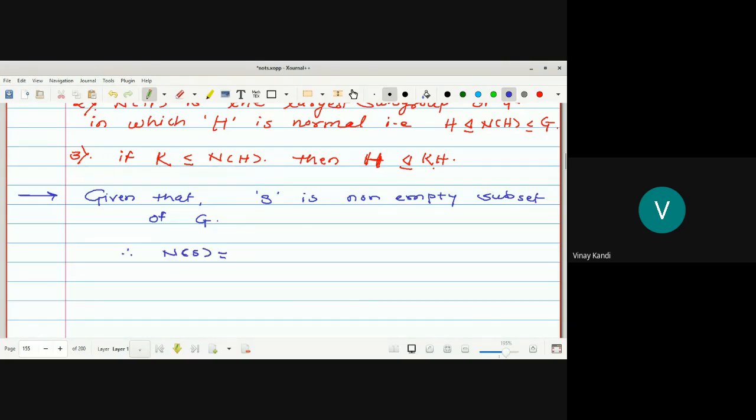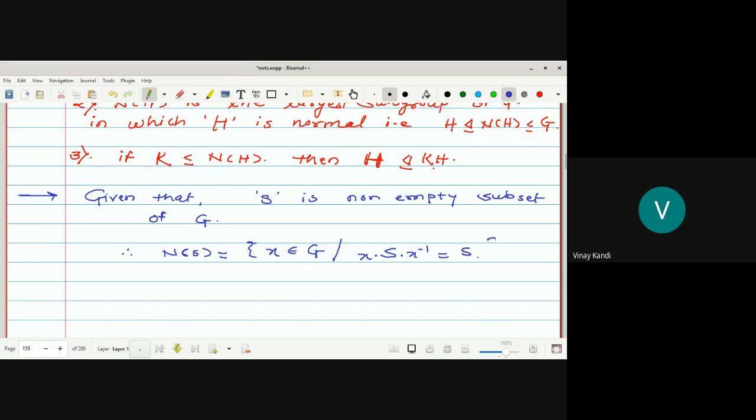It is the collection of those elements belonging to G which satisfy this condition: x into capital S into x inverse is equal to capital S.